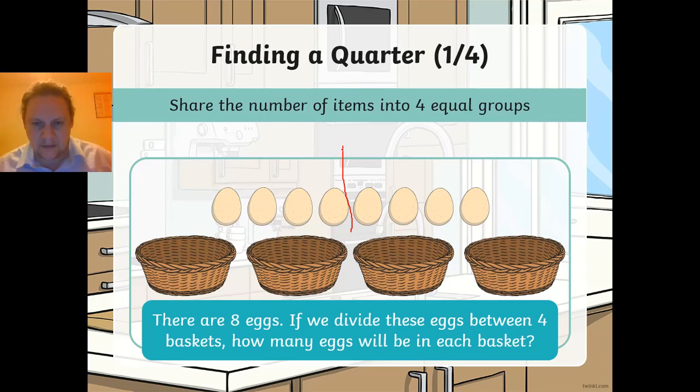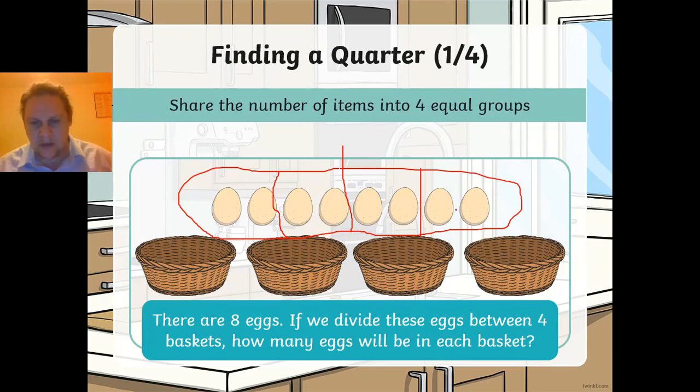Let's see half. Half is right in the middle there. Now, if we halve these groups again, we're going to very quickly see how many is going to be in each group. So we've halved and halved again there, and we've got 2 eggs in each group, haven't we?